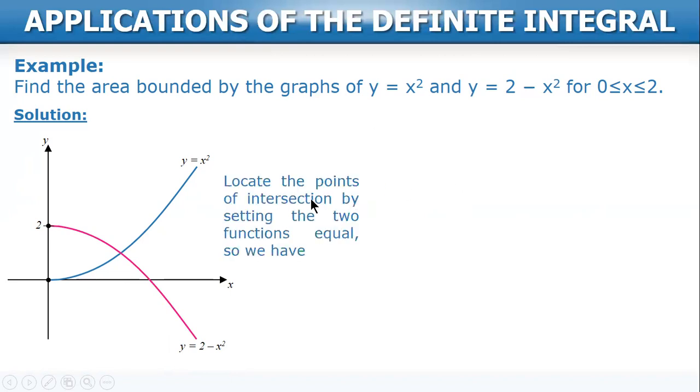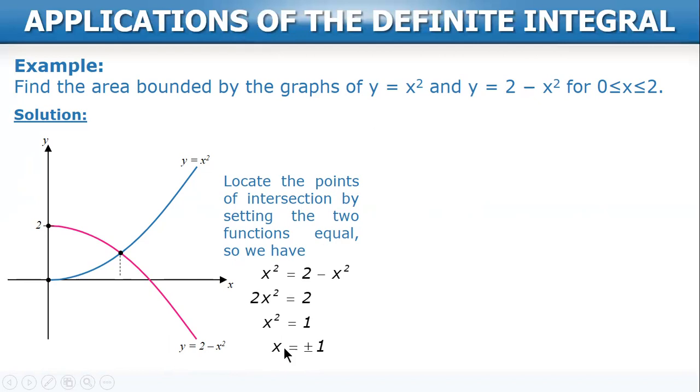Again, we will locate the points of intersection by setting the two functions equal. So we have this point of intersection. x squared equal to 2 minus x squared. Transpose, 2x squared equals 2. Cancel. x squared equals 1.